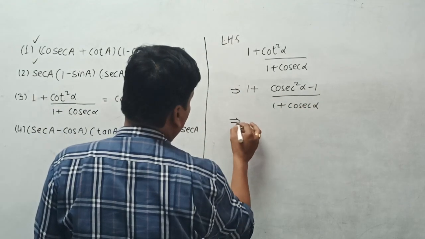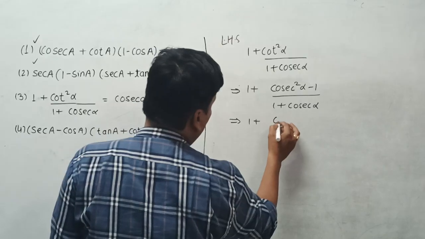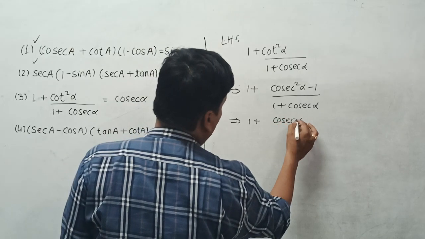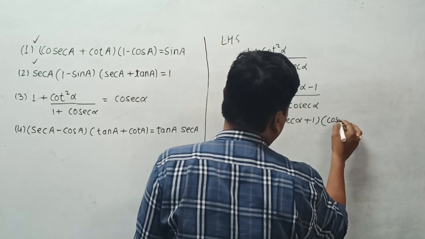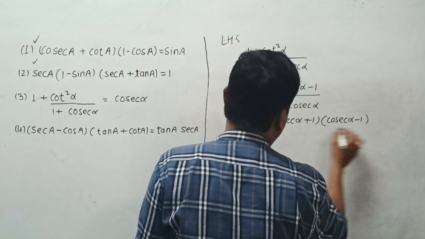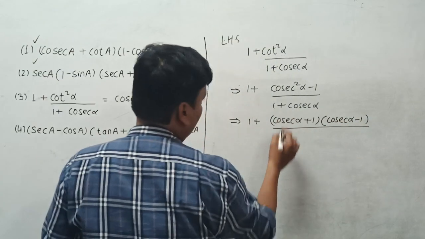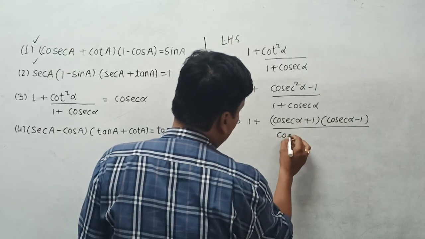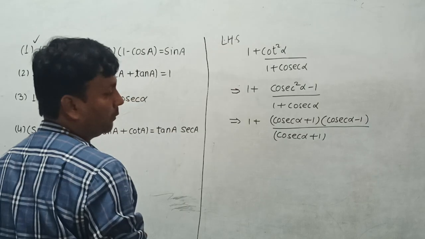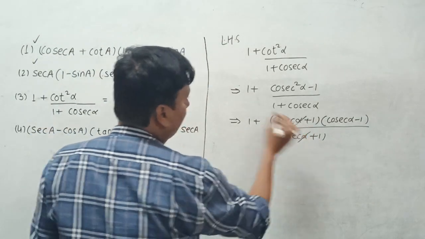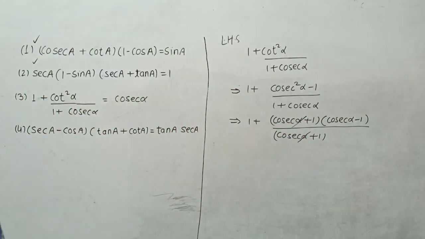So we can write this 1 plus cosec alpha, plus 1 and cosec alpha minus 1 upon, or we can also write this cosec alpha plus 1.